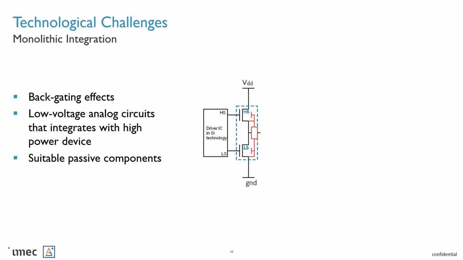For an E-mode HEMT, let's say we have a half bridge switch with a common substrate, and the common substrate is grounded. In a half bridge the switches operate in a complementary fashion, so either one switch is on and the other is off. Let's say VDD is at 400 volts, the high side switch is on and the low side switch is off. At that time the substrate is at 0 volts.